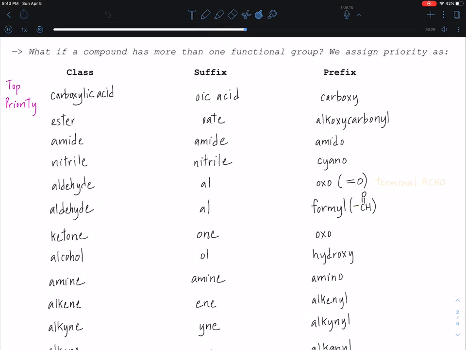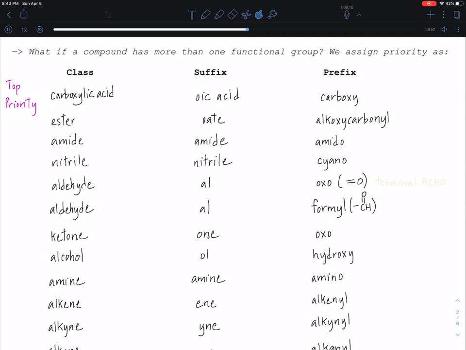If the ester is being named as part of a substituent, it's going to be whatever that alkoxycarbonyl group is going to be. Alkoxy meaning you're going to have to be specific about the number of carbons, but alkoxy meaning it's some sort of carbon-containing ester functionality as part of the substituent.